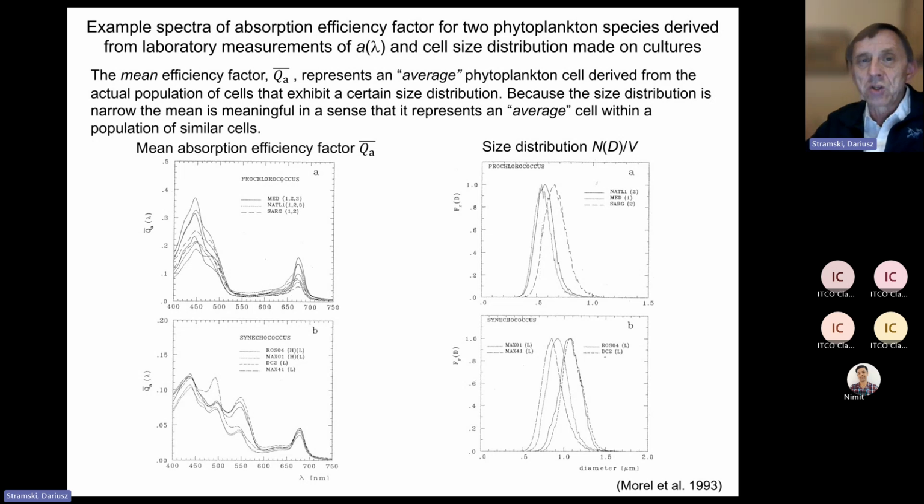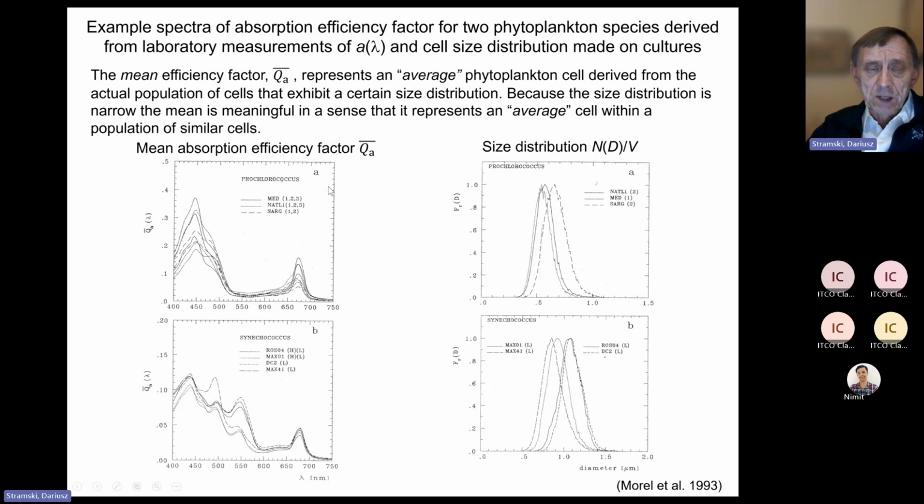Also beam attenuation coefficient was measured spectrally. If you take the difference between beam attenuation and absorption, you have total scattering coefficients determined experimentally, and also cell size distributions were measured. So from these measurements, we can determine these mean efficiency factors representing an average phytoplankton cell within a given population of cells that have been subject to experiments.